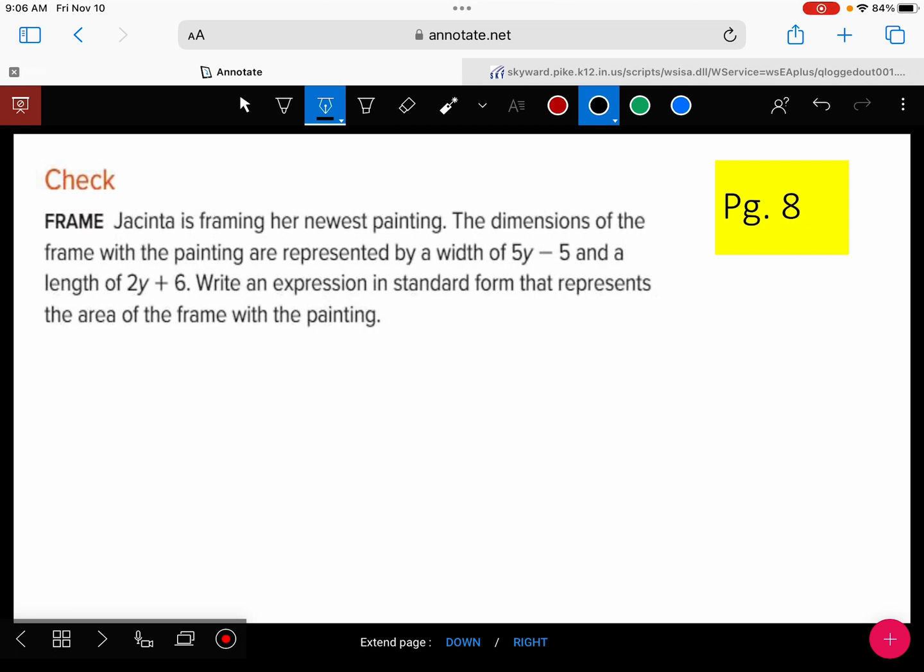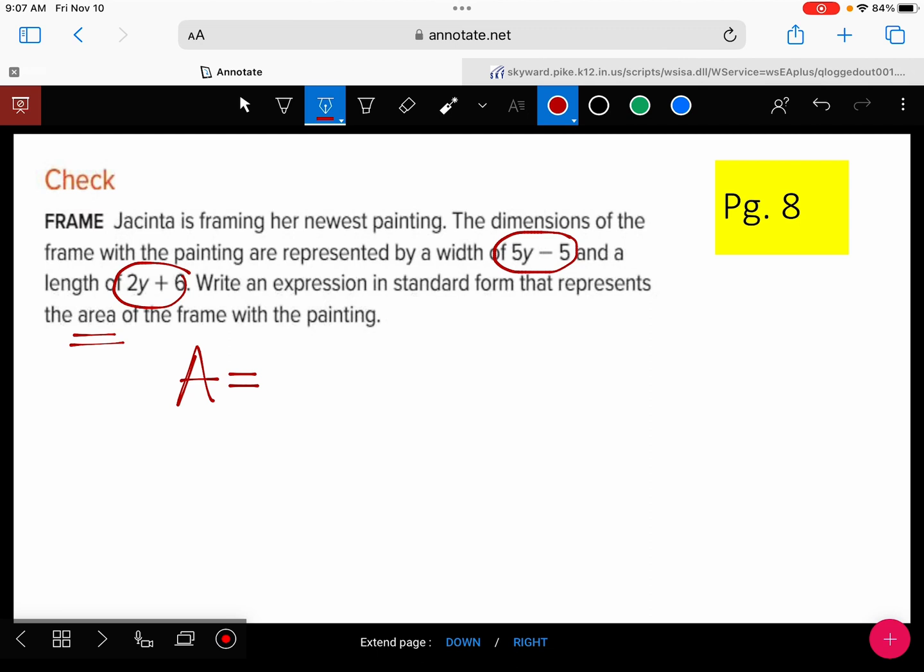So it says, Jacinta is framing her newest painting. The dimensions of the frame with the painting are represented by, so this would be the width, and the length is 2y plus 6. And they want us to find the area. Who remembers the formula to how to find an area? How do you find the area of a rectangle?